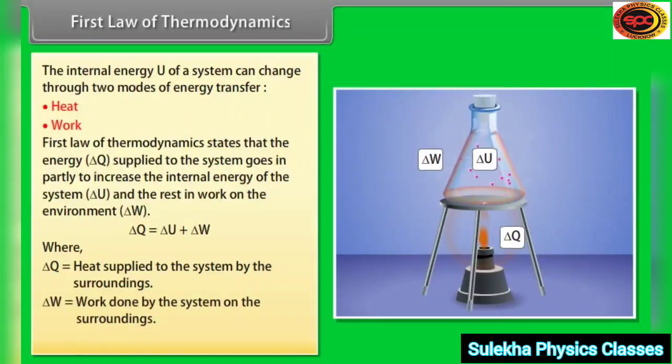Delta W is equal to work done by the system on the surroundings. Delta U is equal to change in internal energy of the system.